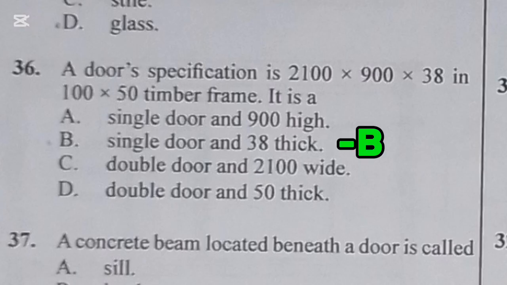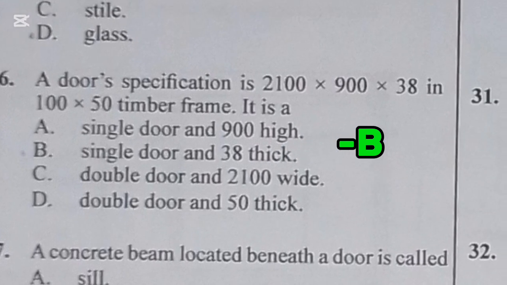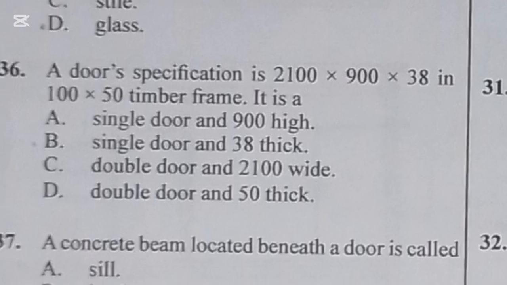The correct answer here should be B. It is a single door, and this 38 means the thickness, while this 2100 means the height. This 900 means the width. So the correct answer is B, single door and 38 thick.